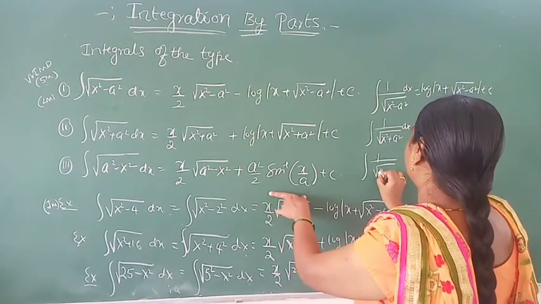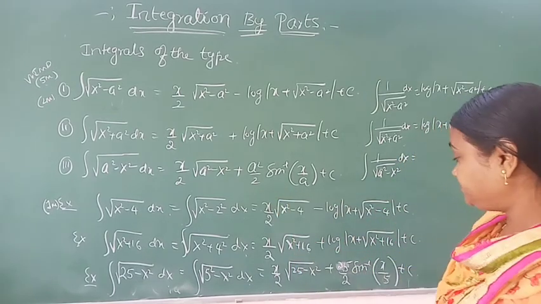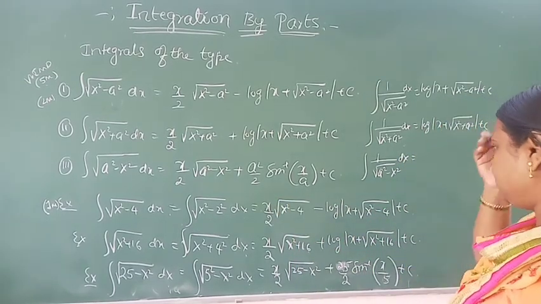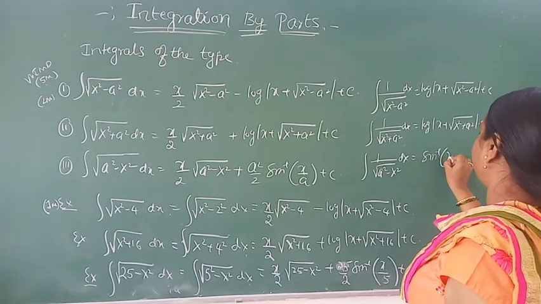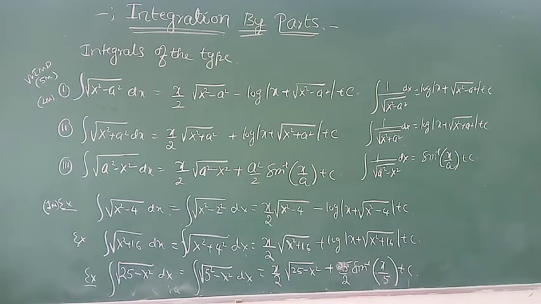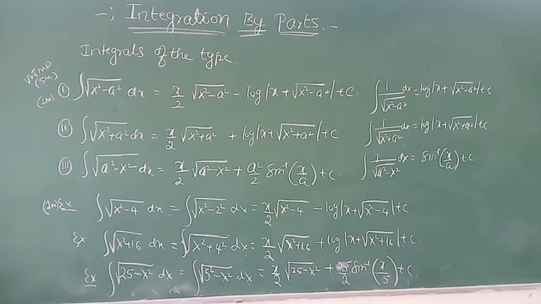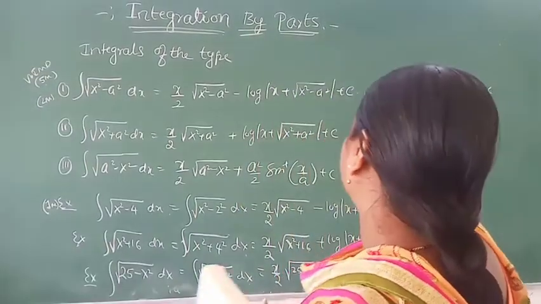Okay, and here this is also formula based. The next half, for root of a square minus x square dx, the formula is, what is it? Sin inverse x by a. Plus, that formula we have to apply here. Okay, these formulas we have to apply, or else we can easily remember.